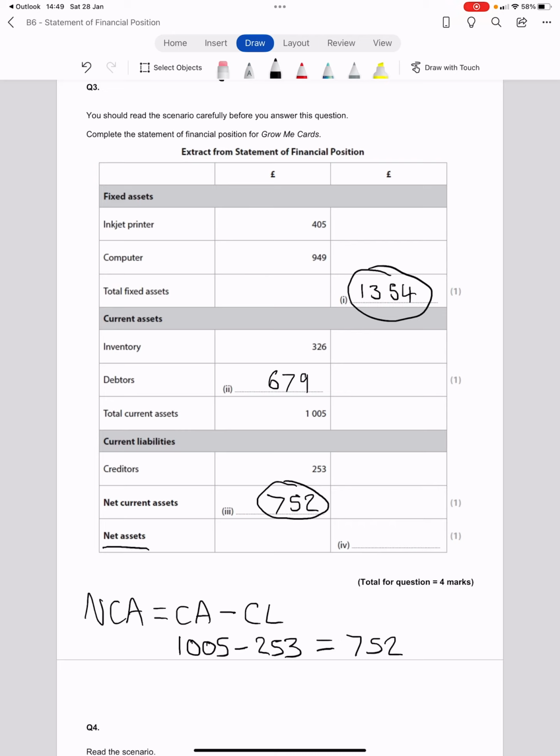So to work out the net assets at the end, you just need to add together the total fixed assets and the net current assets. That's going to give us a figure of £2,106. And that's how you do a statement of financial position.